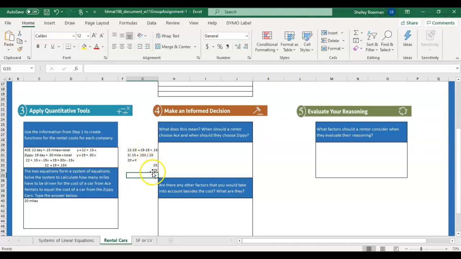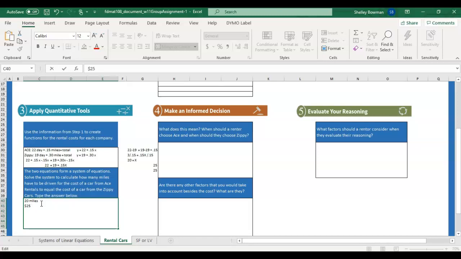Excellent. That does indeed show us that 25, and that's 25 what? 25, that's the total. So $25 at the end of the day. So well, 25 total for the end of the 20 miles where these two are equal.